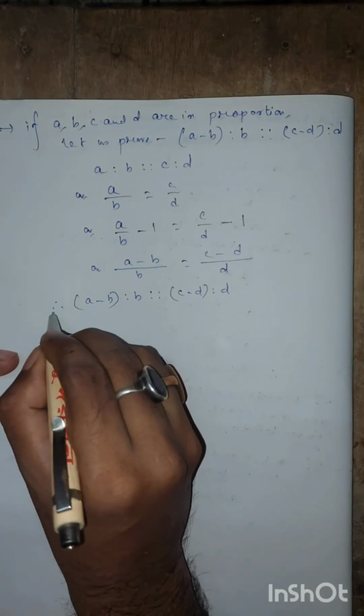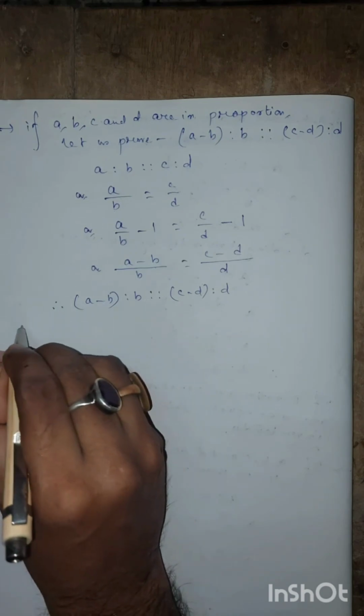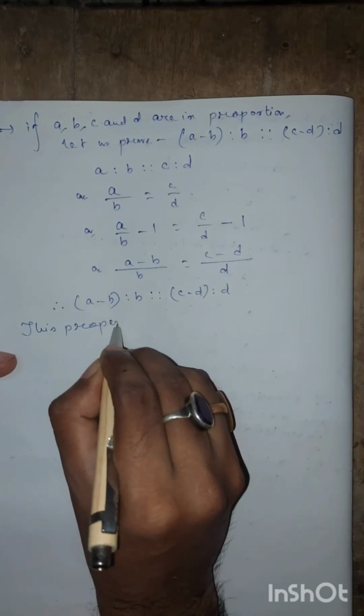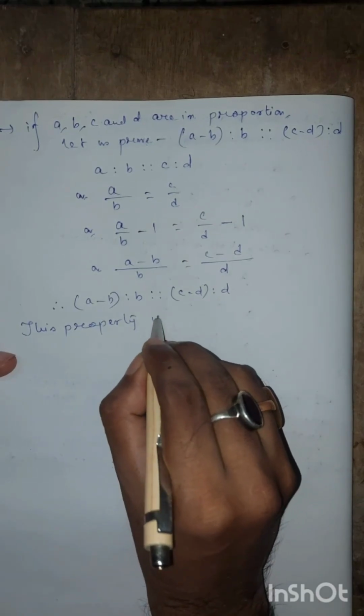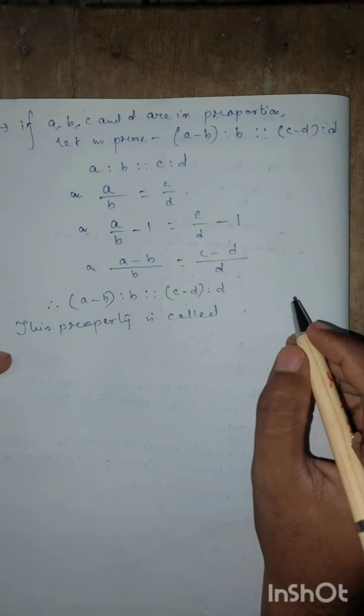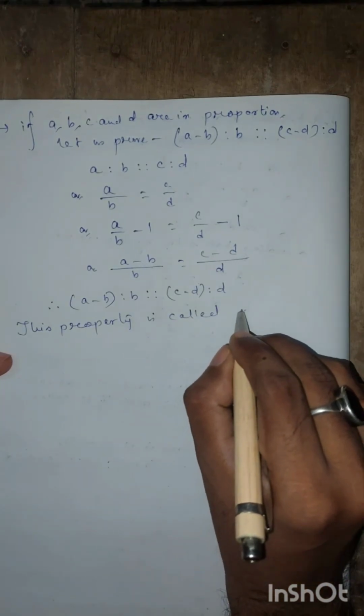This property of proportion is called dividendo.